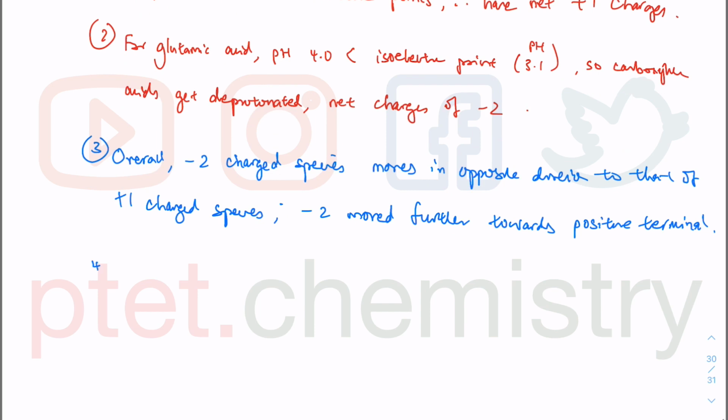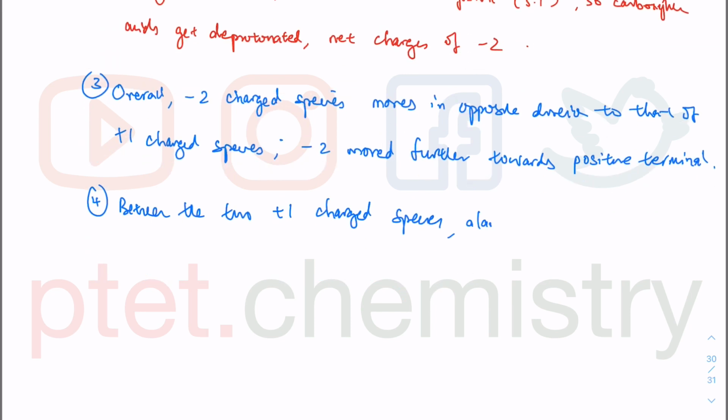Okay, and between the two +1 charge species, I can say that the alanine has a simpler, smaller, less heavy side chain.